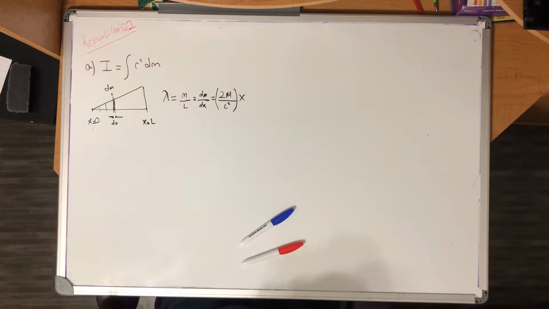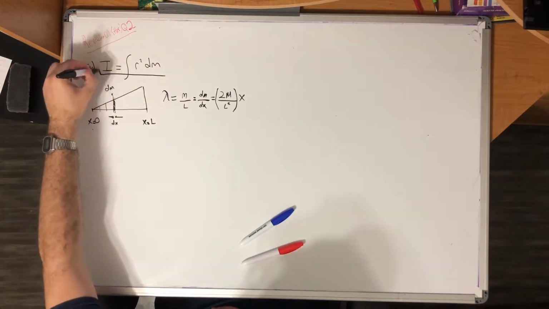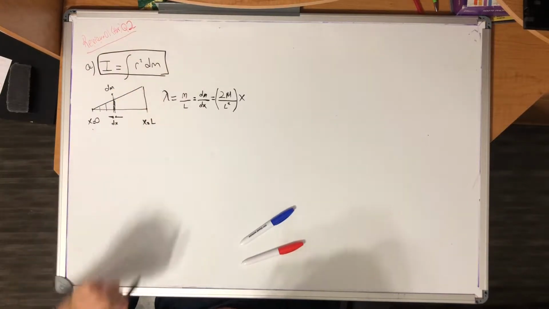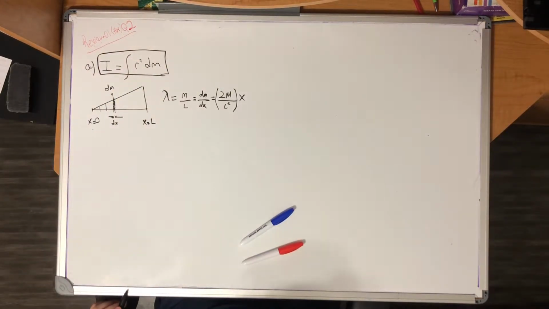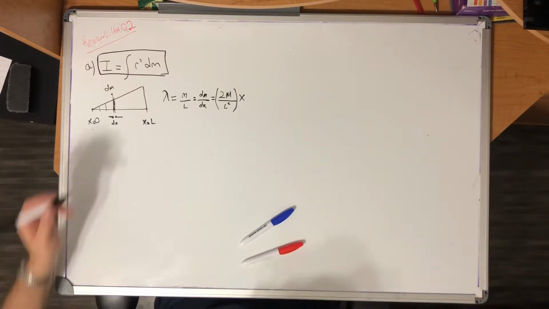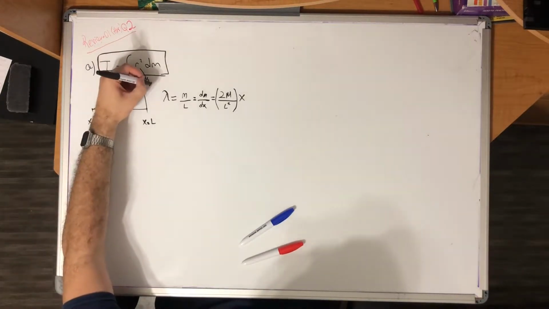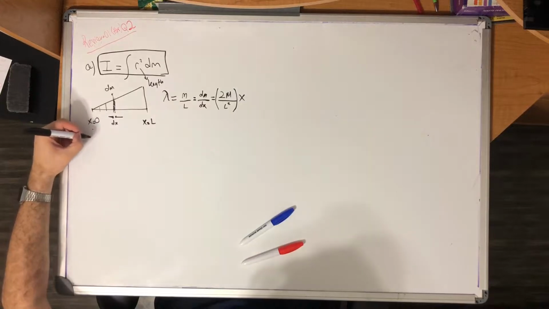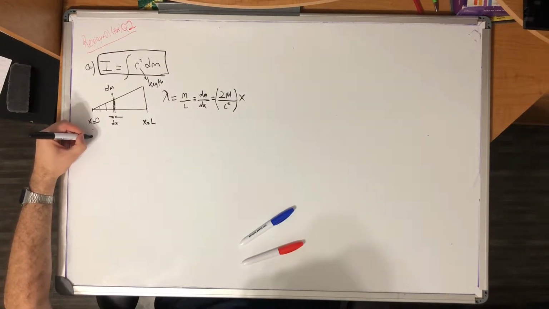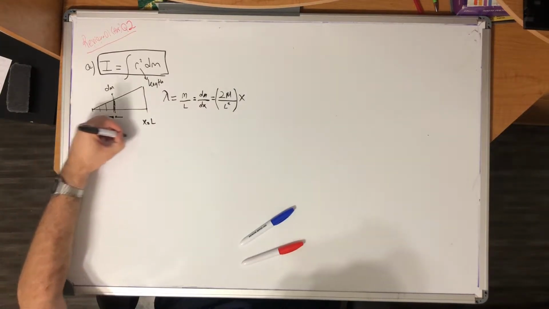In our question, we are trying to figure out the I of this triangular shape. You are going to have that equation in your equation sheet: the integral of r squared dm. Here r is also a length, and it simply measures the radius from the axis of rotation.